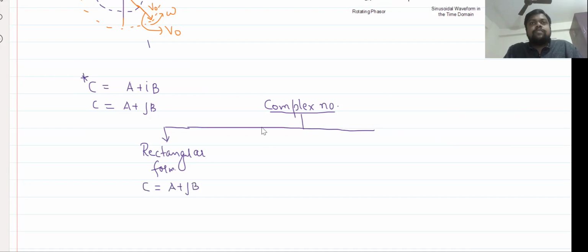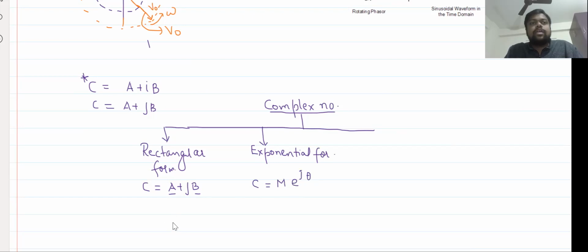This is not that important. Next one is the polar form, better you write exponential form. That means C you will write as the magnitude M, e to the power j theta, where theta is the angle. How are they related?